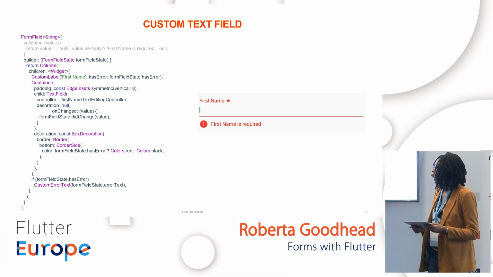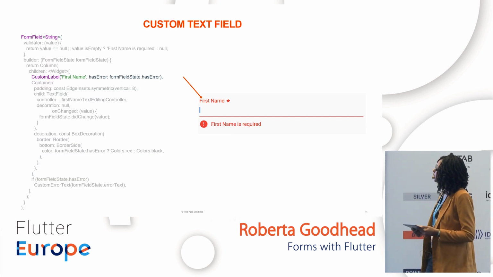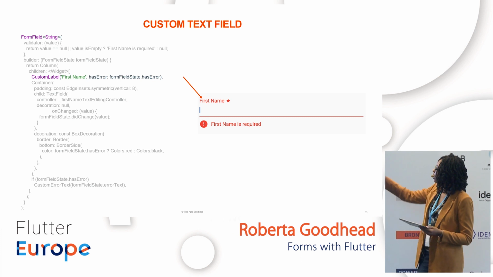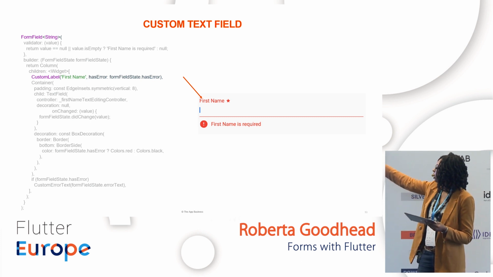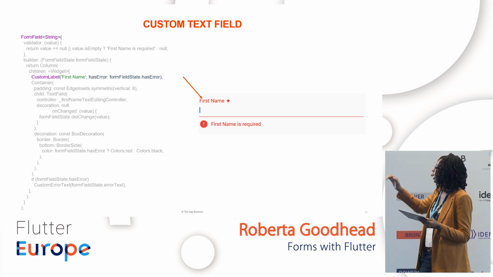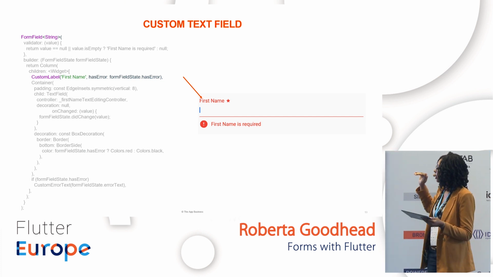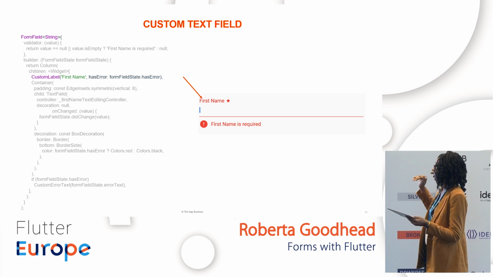So what you can do is add your custom label. What this label is doing under the hood is just showing a text and an icon, and then we're passing the error state so that we know when to change the color to red or when to show the default color.